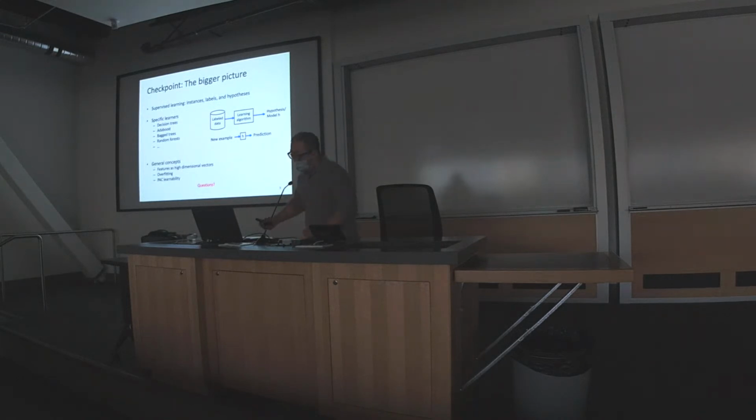And we have also discussed several general concepts, like feature augmentation as high-dimensional vectors, and the concept of overfitting, right? And why should we avoid overfitting? Because in practical applications, the data are often corrupted by noise. If you fit the training data too well, it's likely that those noises can mislead the learning procedure and end up with a hypothesis which does not generalize well.